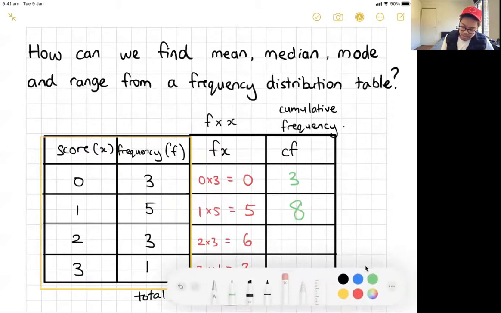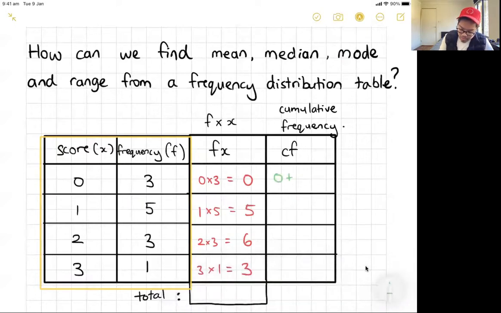So now for this one here, I'll go 8 plus 3 this time. Hold on, maybe I should write it like this so you guys can see. Let me rewrite it. So it'll be 0 plus 3, that's 3. So far I've counted 3 scores, and now I'm going to add another 5 scores. That's going to give me 8.